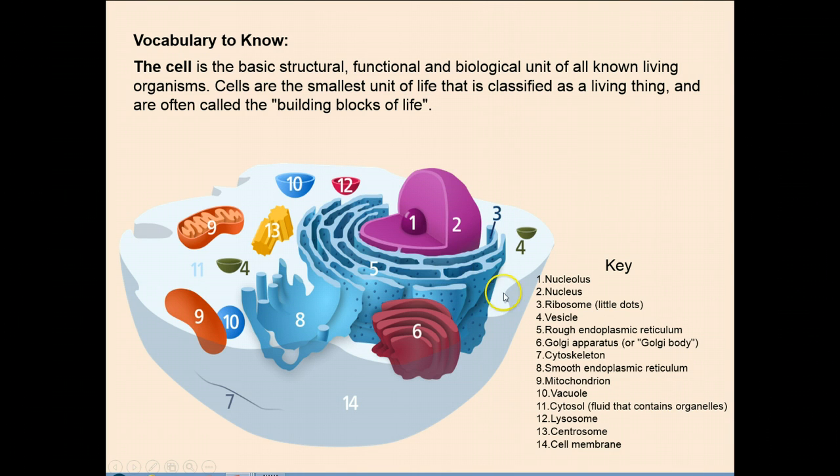But let me go through this key, and if you follow the numbering and look for the various structures: the nucleolus, the nucleus, the ribosome, which are the little dots that you see in the various structures, which make up the rough ER, which is number 5, the Golgi apparatus, or you might see it listed as Golgi body, the cytoskeleton, which comprises components of these fibrous materials.